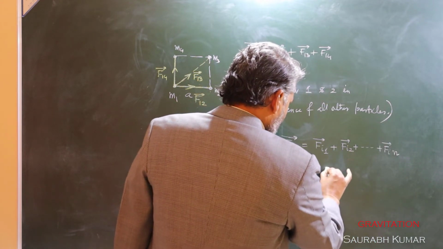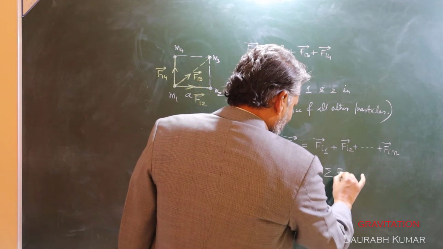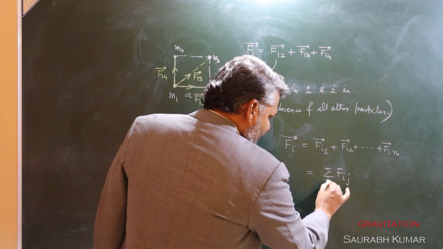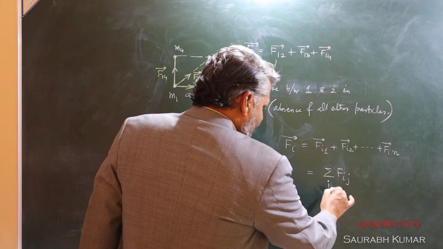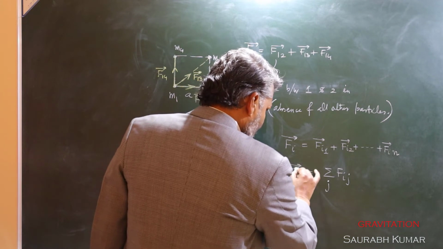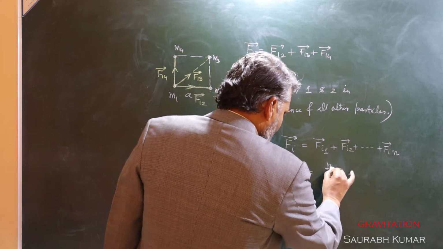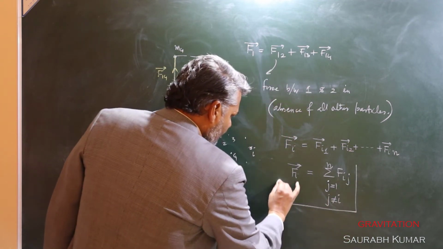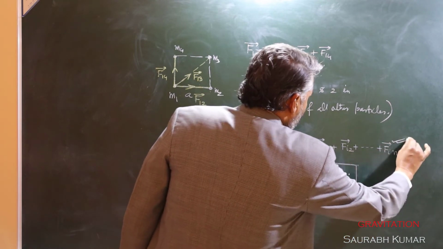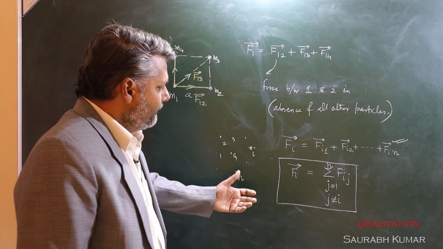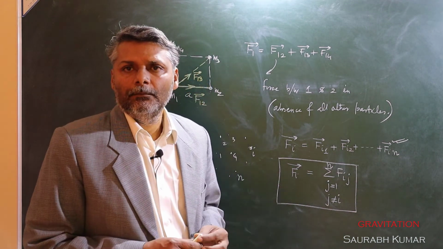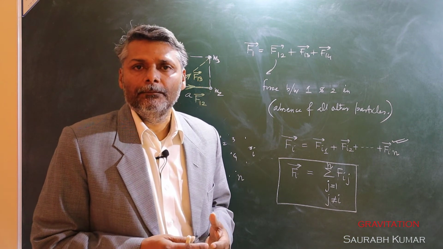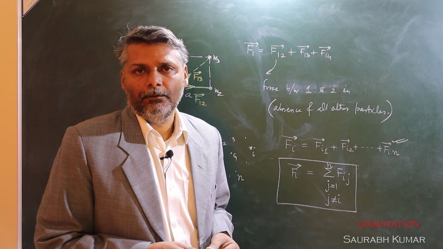So it is simply the summation of Fij, where the index is j; i will not vary, mind you. So Fi is equal to the sum over j equal to 1 to n, with j not equal to i. j cannot be equal to i. So this is what is known as the principle of superposition, and with the help of the principle of superposition you can solve a large number of problems. So next let us discuss a few problems based on the concept of the principle of superposition.